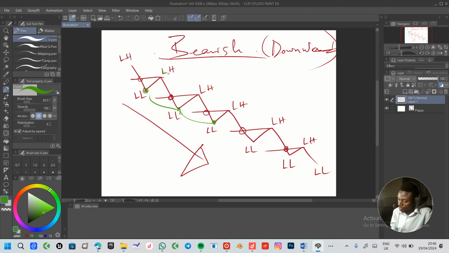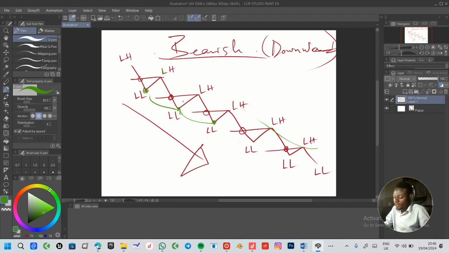So it's a low, but it's a lower high because it's higher than the previous lower high. That's how it goes on and on.